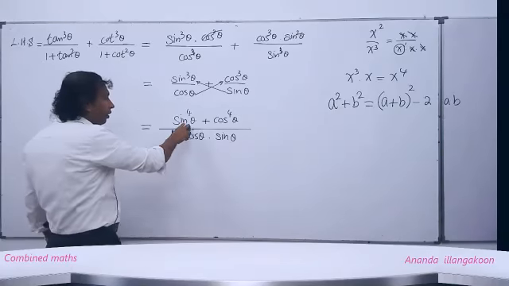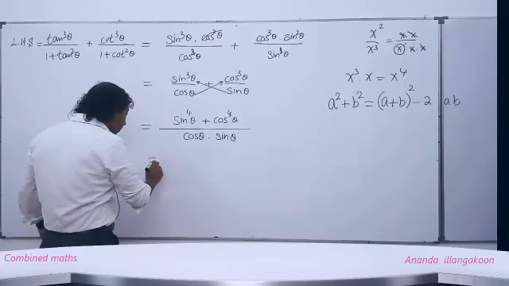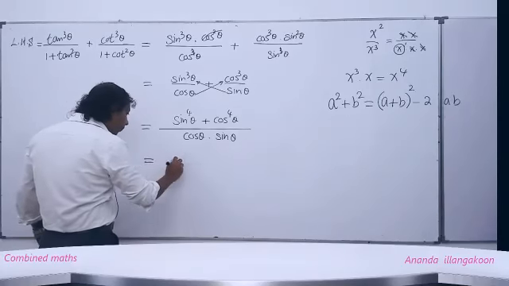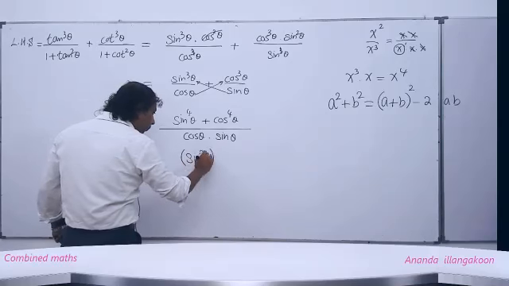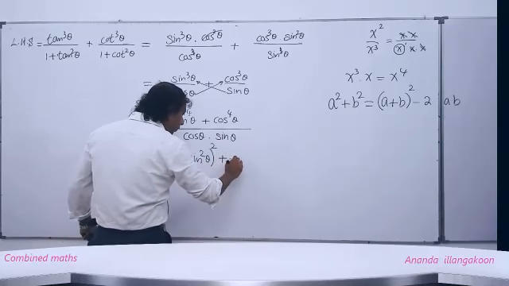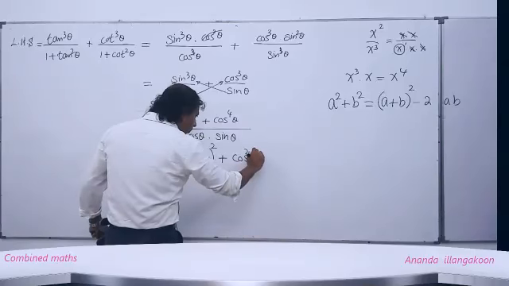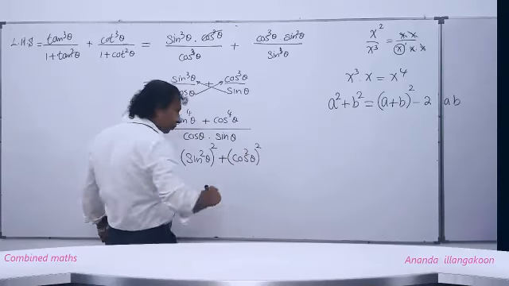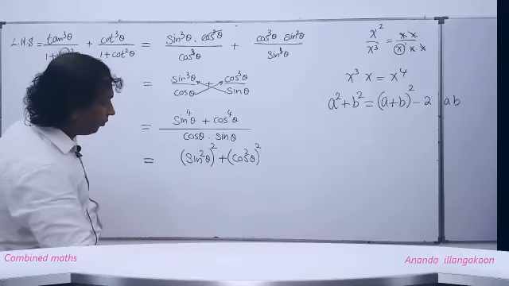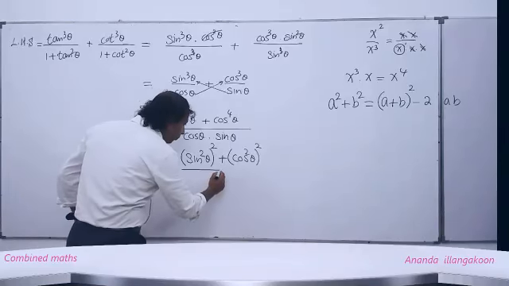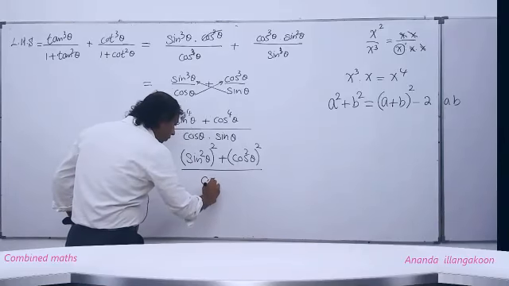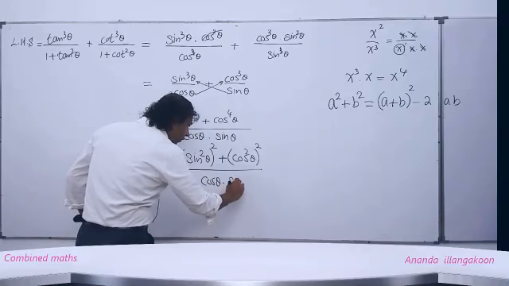People, this sine to the power 4 theta, you can of course write like this, no? It is sine squared theta to the power 2 plus cos squared theta to the power 2, like this, divided by cos theta into sine theta.